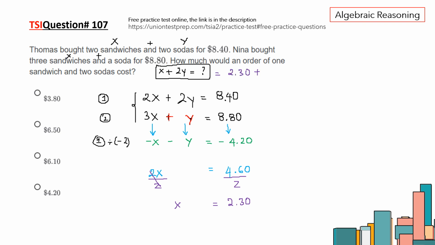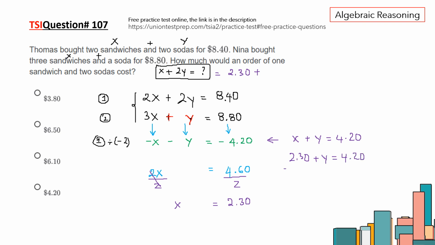Now we have to find the y value, right? Look at this. You can multiply this by -1, so you will have x plus y equals 4.20. So x is 2.30 and x plus y equals 4.20.